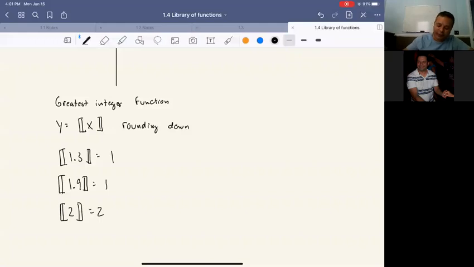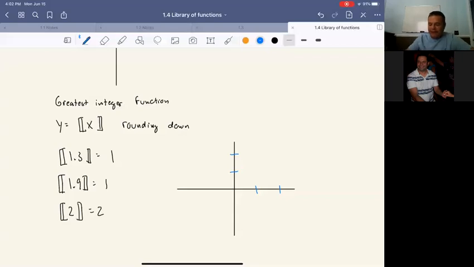Okay, so if we wanted to graph this thing, starting to get an idea of what it's supposed to look like. So then between 0 and 1, it's actually going to be 0. But then at 1, it bounces up here to 1.